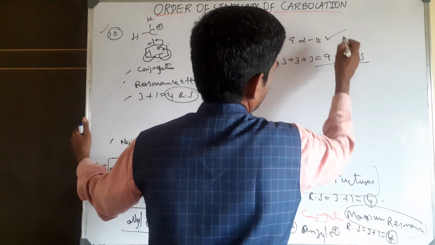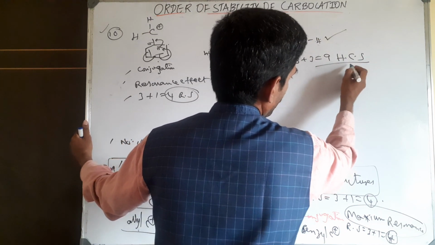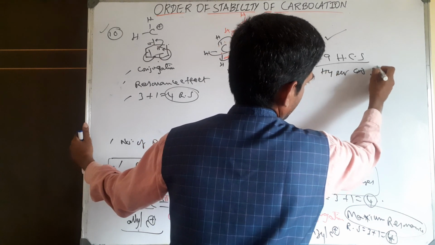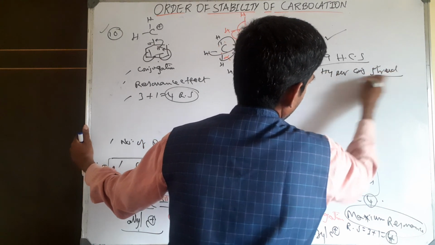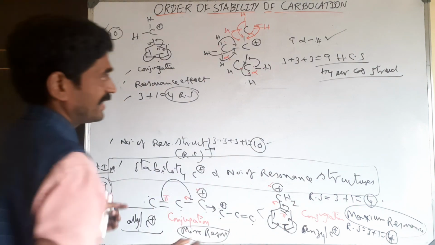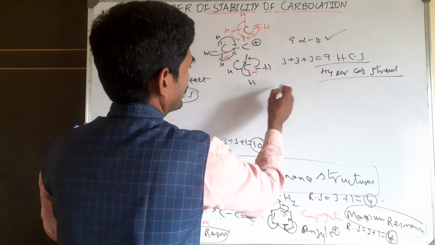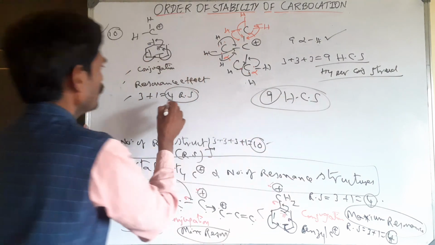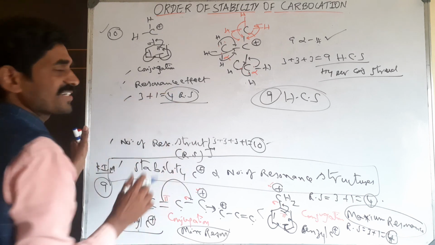What is this? HCS, that is hyperconjugative structures. So here we get 9 hyperconjugative structures, and there we get 4 resonance structures, right?